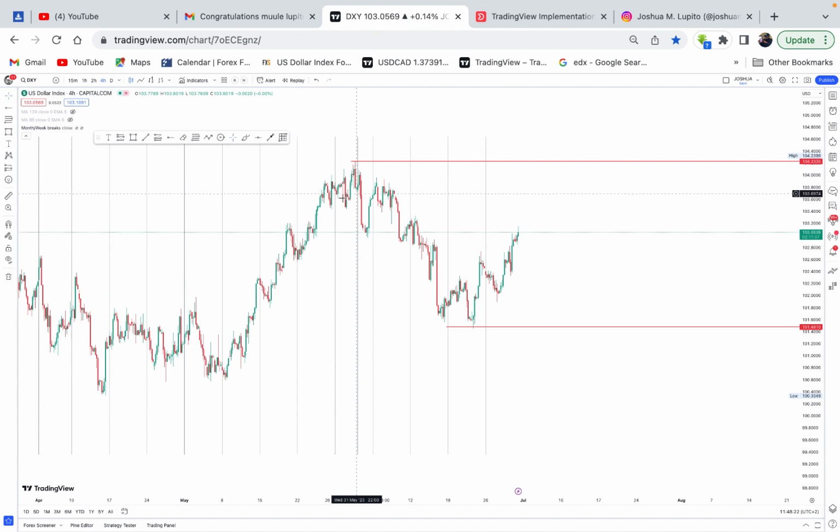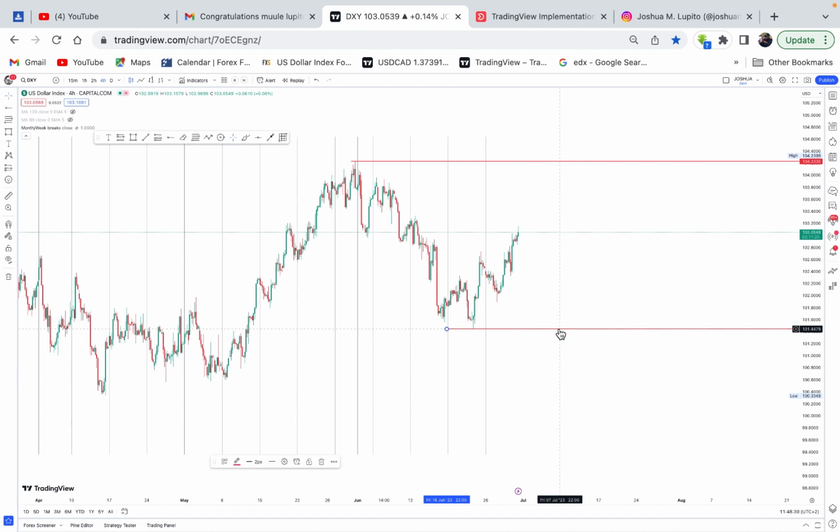From there, we can see a change of market structure from an uptrending market to now a downtrending market, with strong and nice market selling candles pushing all the way to this particular level here, which is 101.4589.